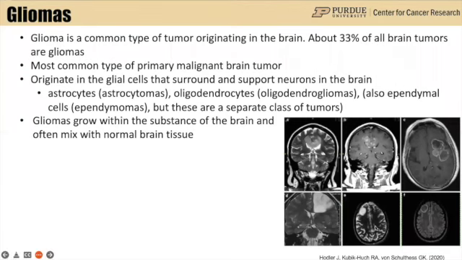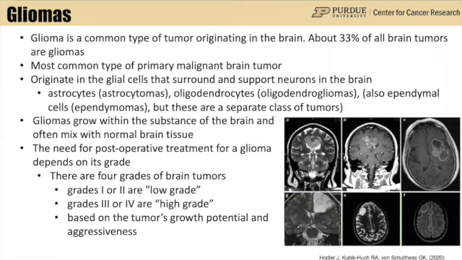This is a photo in the bottom right of glioblastoma tumors, which is a type of astrocytoma. Many of you have probably heard about glioblastoma. It's a really devastating disease with fairly dismal prognoses.